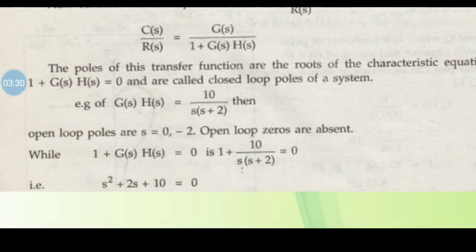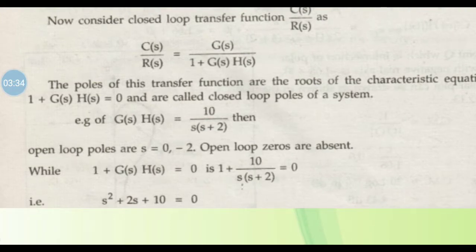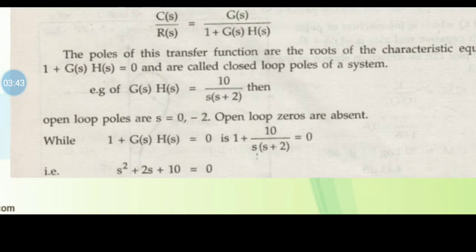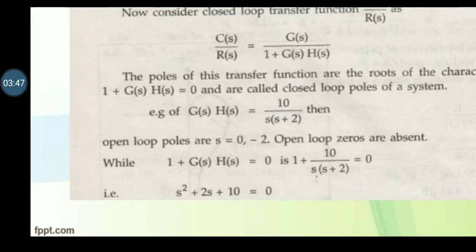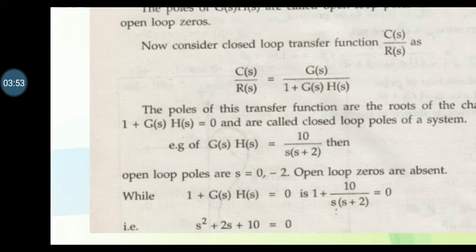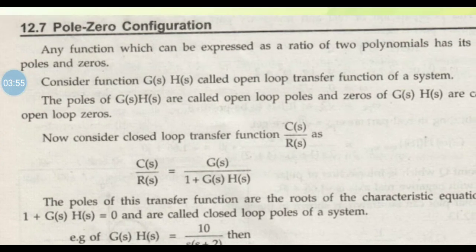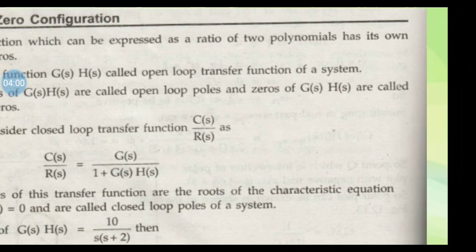Now we'll take the characteristic equation, 1 plus G(s)H(s) equal to 0. Writing it out, 1 plus 10 divided by s into (s plus 2) is equal to 0. Expanding that, s square plus 2s plus 10 is equal to 0. Now we have to find the closed loop poles.